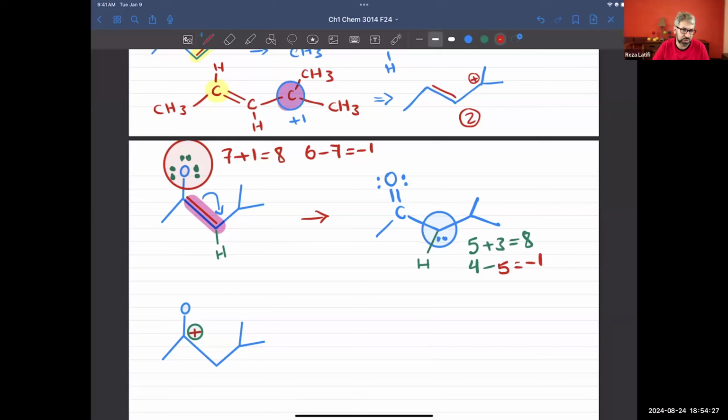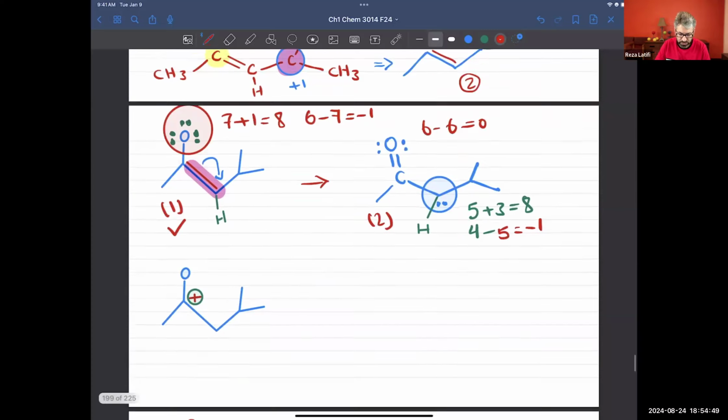So what happened with the negative charge? The negative charge from oxygen moved to carbon. So now carbon has a negative charge. How about oxygen? Oxygen is in group 6, I see 6 electrons around it, it will be 0. Which one of these is more stable, 1 or 2? Number 1. Why number 1? Because the negative charge is sitting on oxygen. Next.